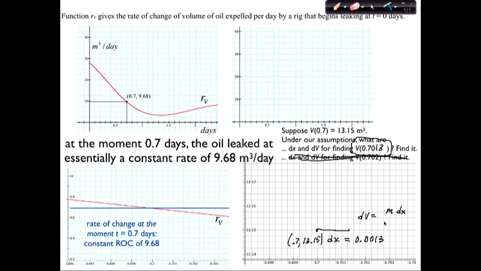It's 9.68. In this moment, we're assuming a constant rate of change at 9.68. So m is 9.68, and dx is 0.0013. Given a small change in x, your change in y, or in this case V, is the rate times your change in x. Okay, whatever that equaled. Anyone have it?